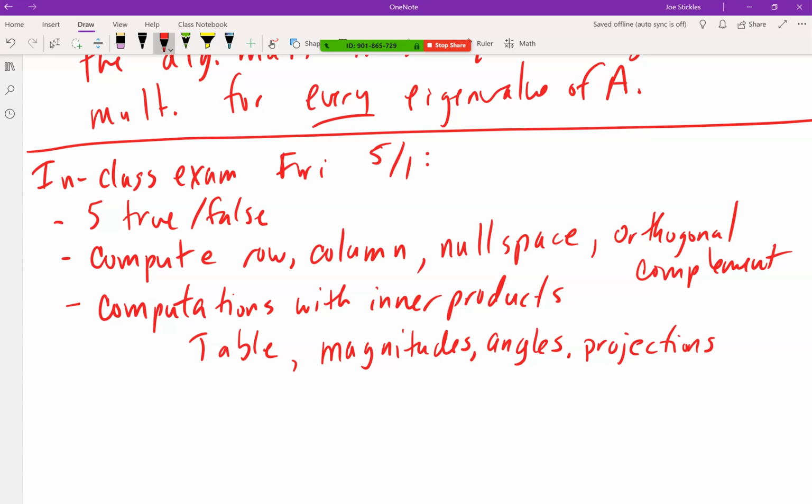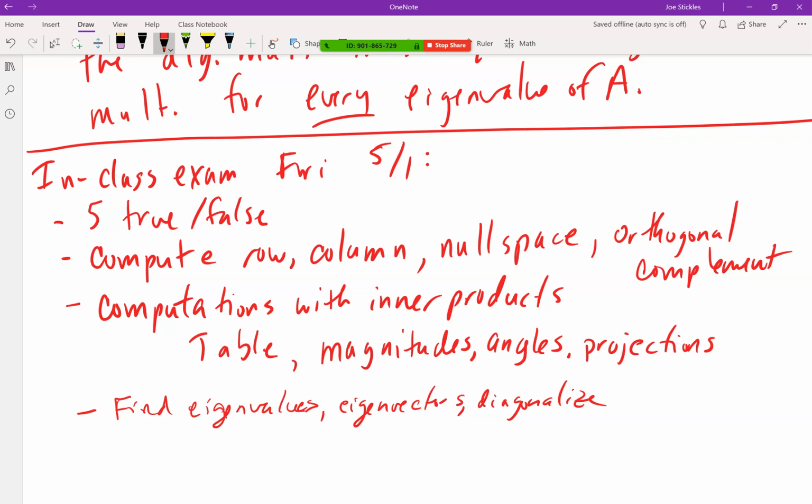And then the last part, as far as computations go, would be find eigenvalues, eigenvectors, and diagonalize. As far as the in-class portion goes, that would be it.